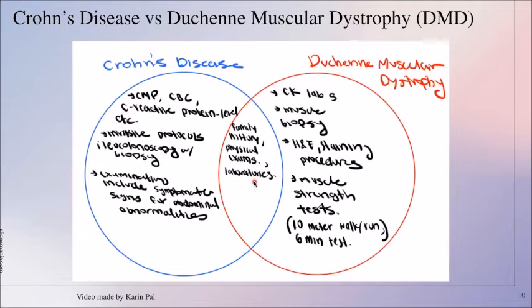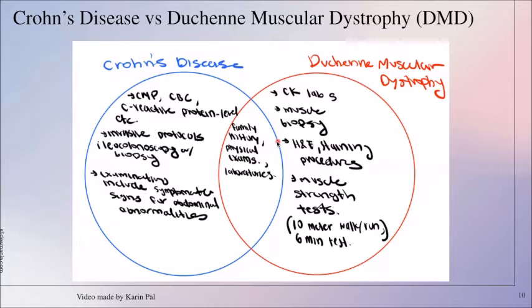However, differences between these two diseases in the diagnostic process include that the laboratories for Crohn's disease typically involve the complete metabolic panels, complete blood counts, C-reactive protein levels, and other more related laboratory results that involve fecal matter. For DMD, the laboratories include CK values, and if the values are markedly higher than the normal range, then the diagnostic process continues into biopsies or testing for mutations of the dystrophin gene.